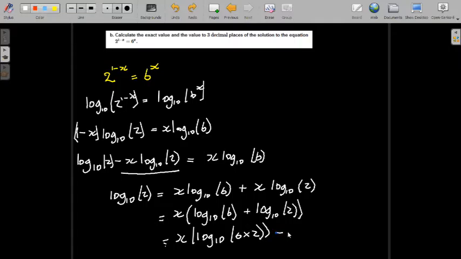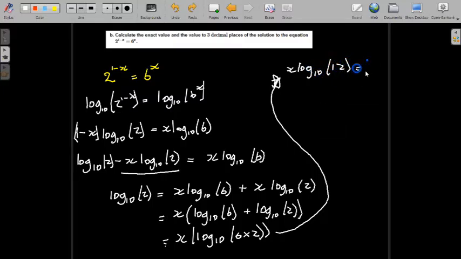And if I work that out, I'll put it up here. We get x log base 10 of 12 equals log base 10 of 2.